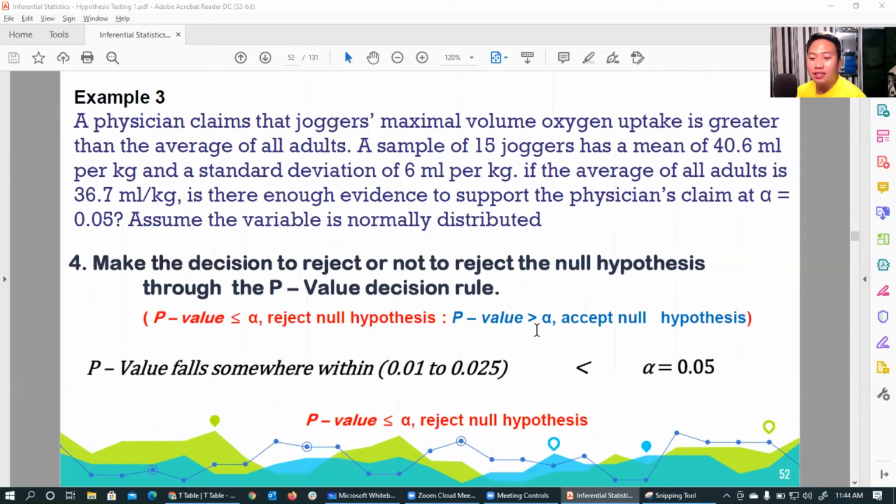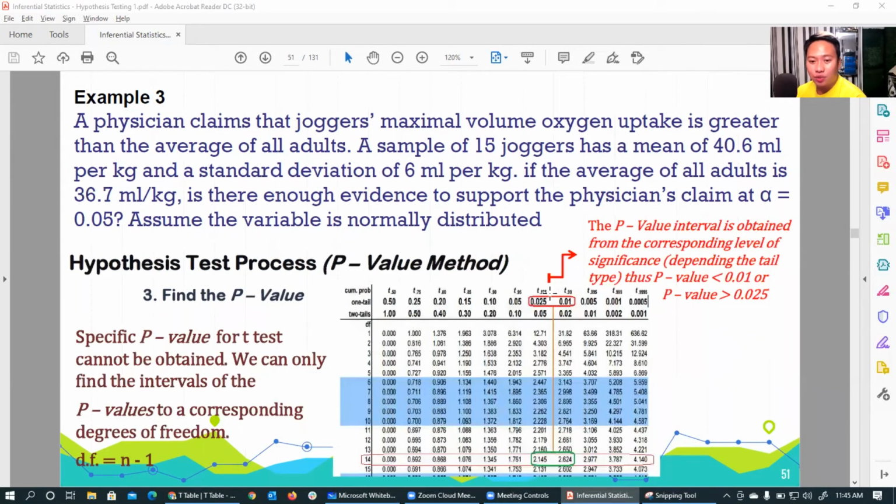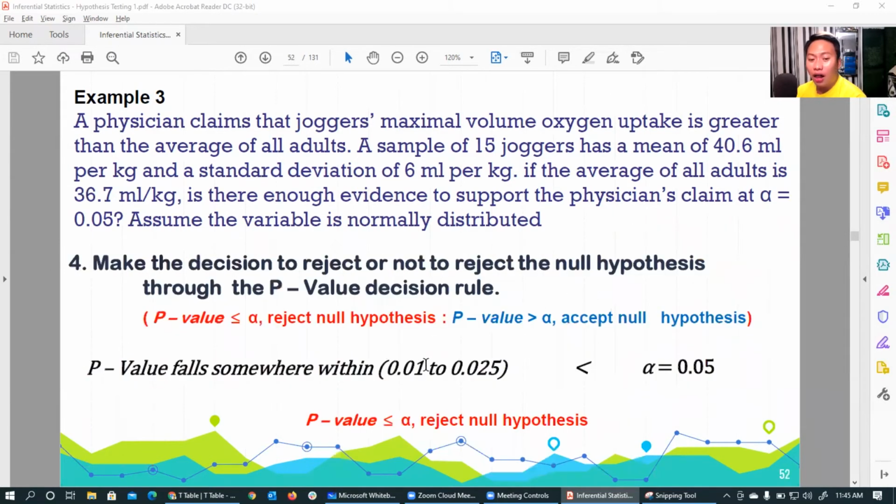Let's take a look at the decision-making grid. The p-value falls somewhere between 0.01 to 0.025. That's what we see here. Now, are all these numbers less than or greater than alpha 0.05? What do you think? Sure?